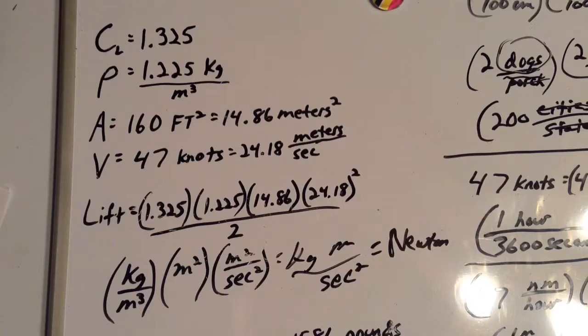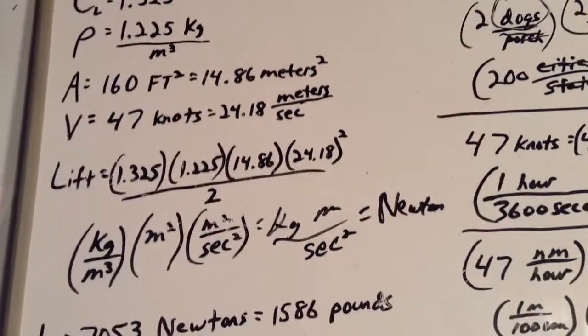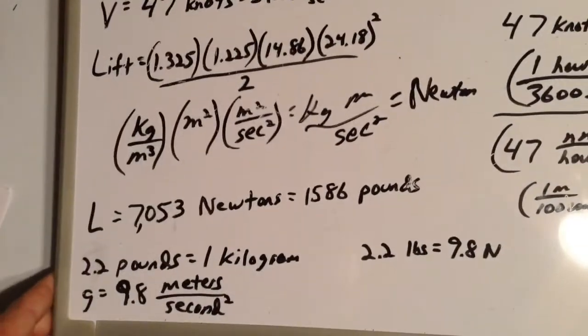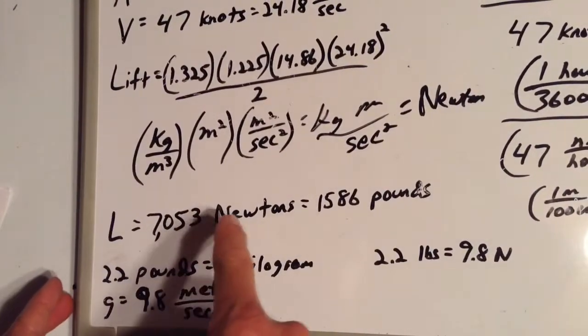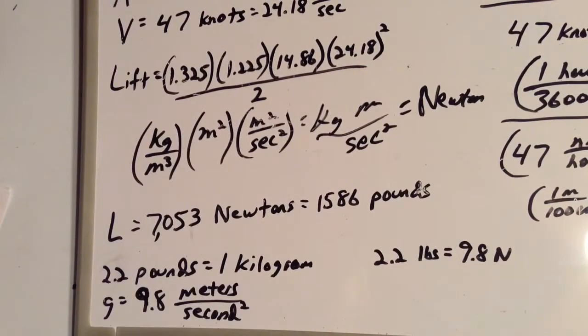So if we take the 7,053 newtons that we calculated, multiply it times 2.2 pounds and divide it by 9.8 newtons, we'll get 1,586 pounds. That's the lift on our wing.